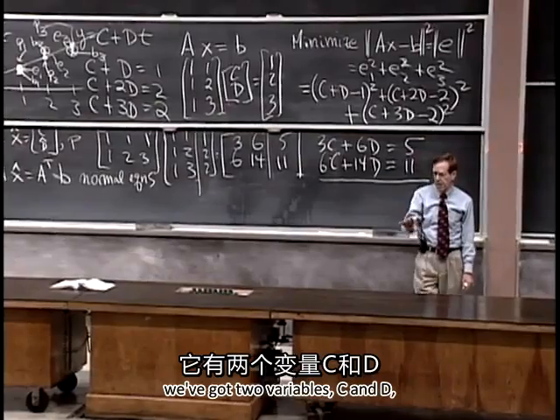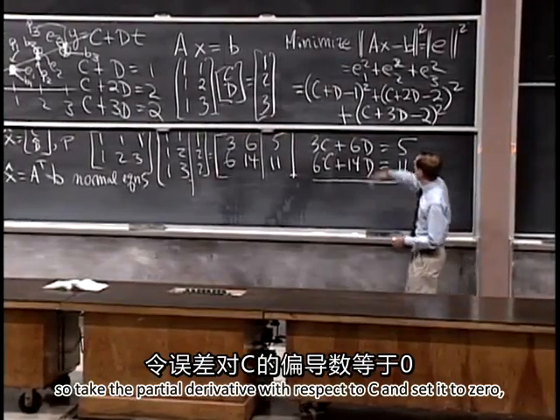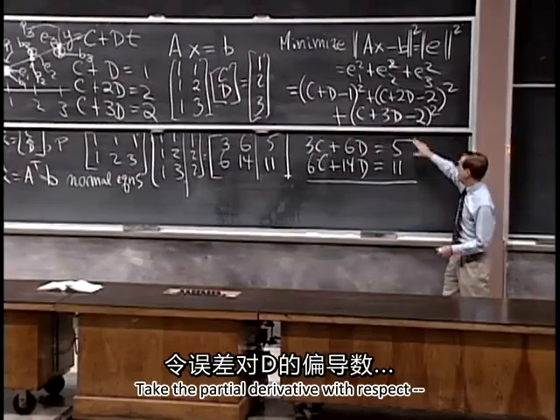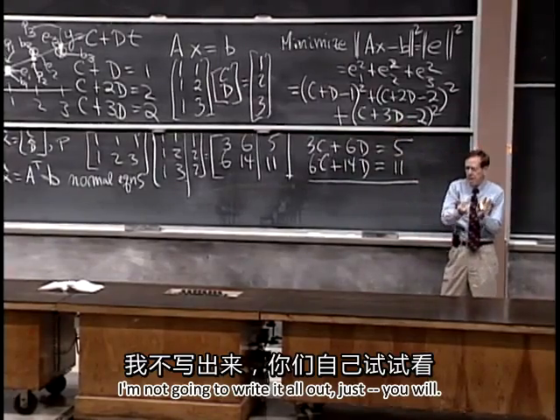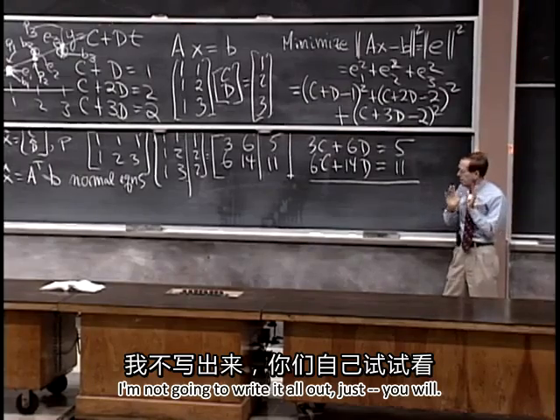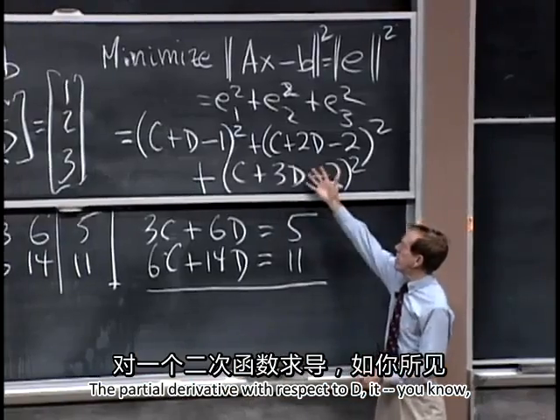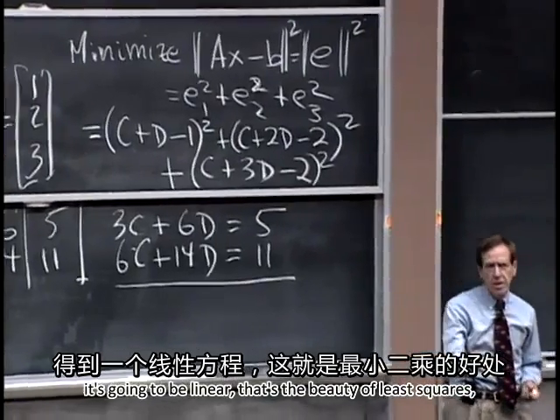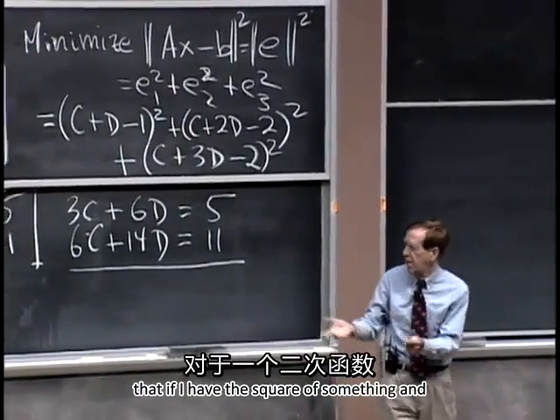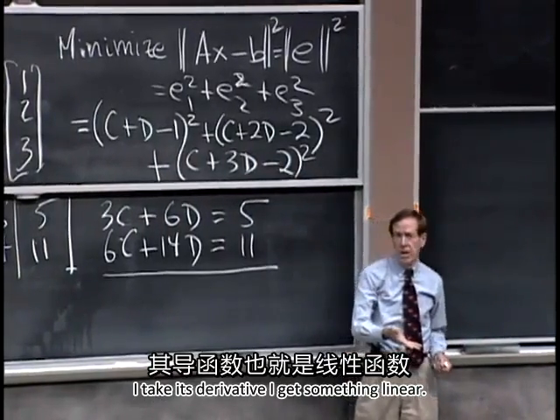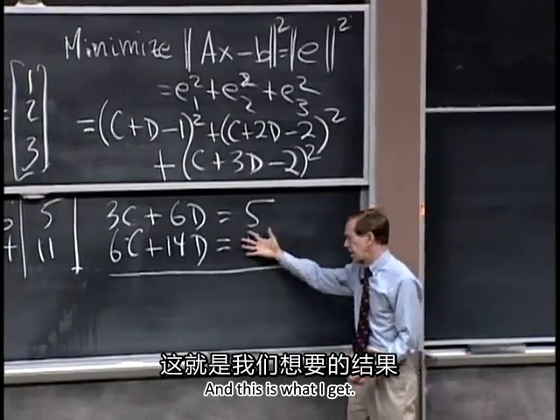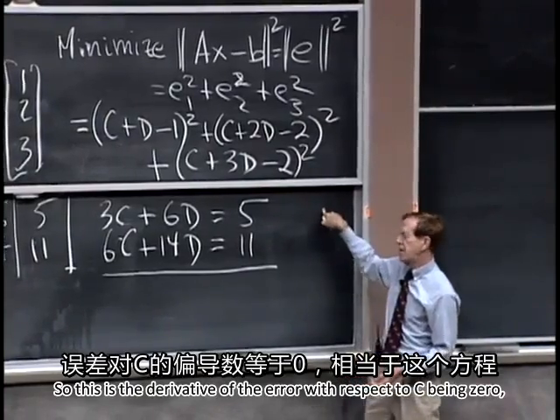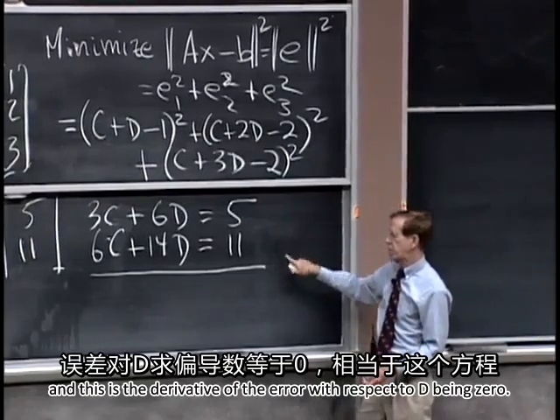We've got two variables, C and D. So take the partial derivative with respect to C and set it to 0, and you'll get that equation. Take the partial derivative with respect to D, I'm not going to write it all out, just you will. It's going to be linear. That's the beauty of least squares: if I have the square of something and I take its derivative, I get something linear. And this is what I get. So this is the derivative of the error with respect to C being 0, and this is the derivative of the error with respect to D being 0.